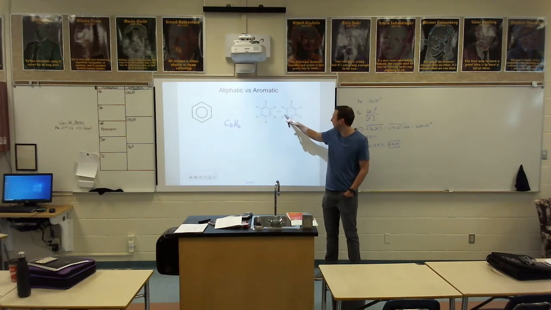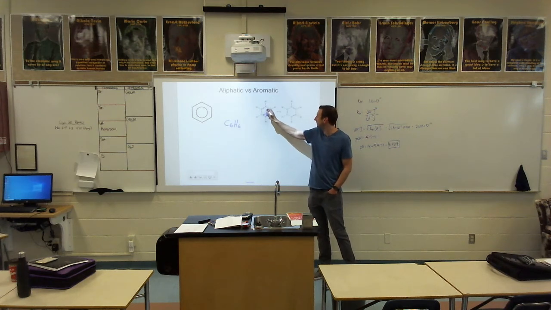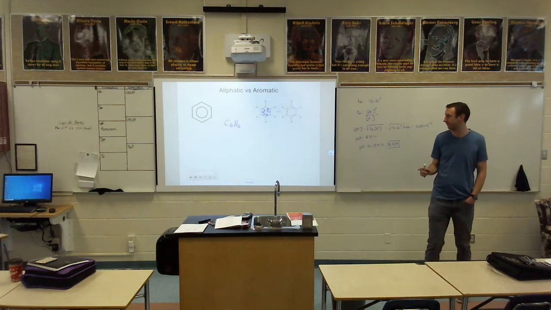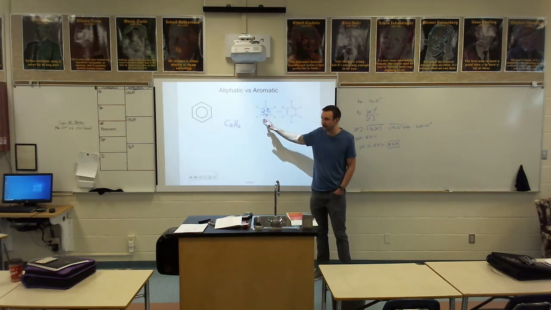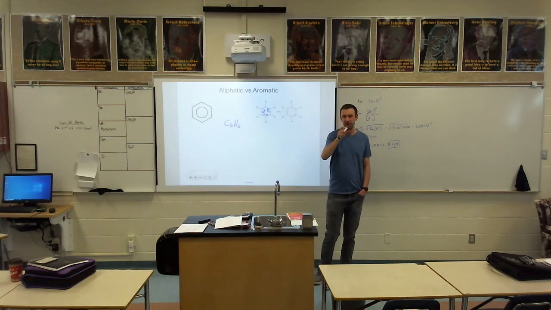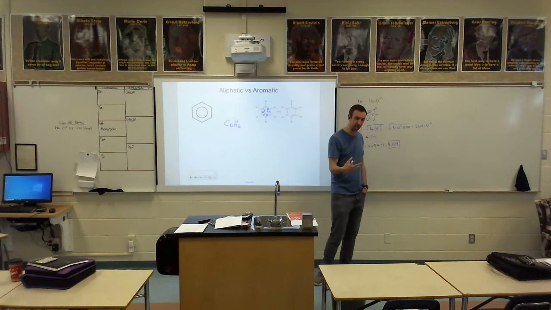Keeping these carbons the same, I can move the double bonds from here to here, and then here to here. These double bonds actually don't exist in a specific location, but are delocalized and belong to all these carbons. This is not a double bond in length or strength. It's somewhere in between a single and a double bond.